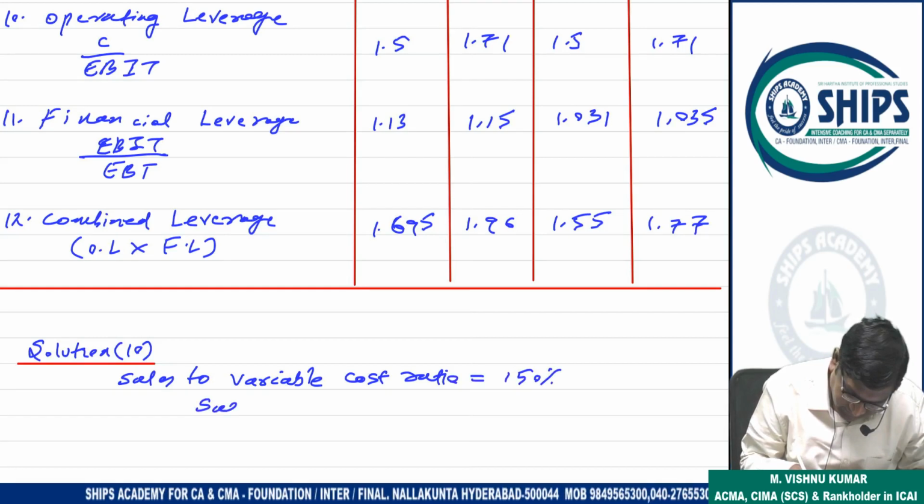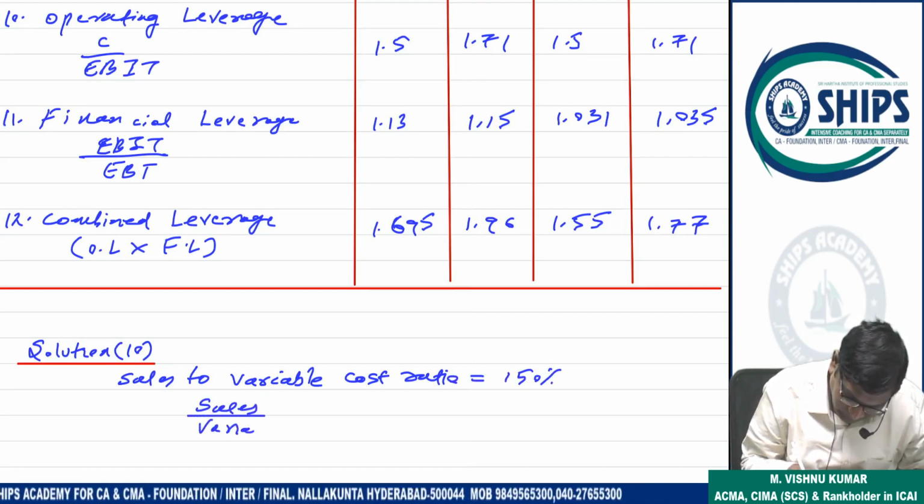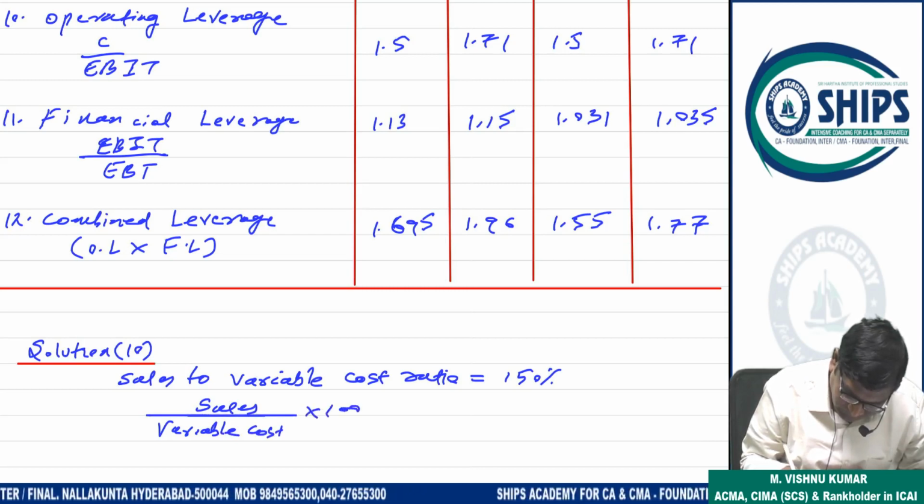So this is sales divided by variable cost into 100.